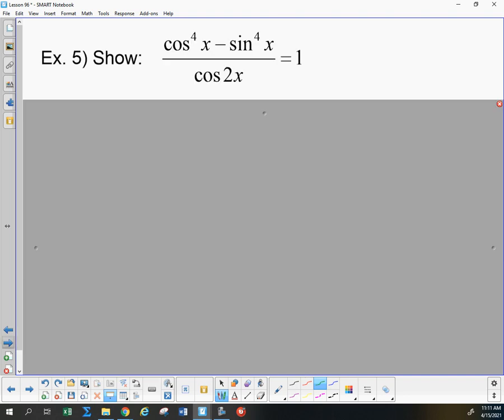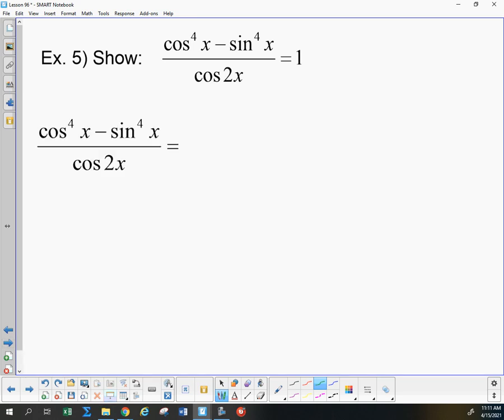This one isn't really something new, but I'm just going to have you guys talk me through the steps. So we would begin by copying down that cosine to the fourth of x minus sine to the fourth of x. And help me out here. What are we going to end up coming up with? What can I start with?